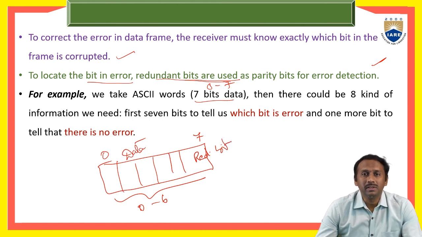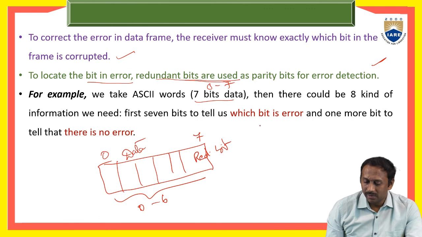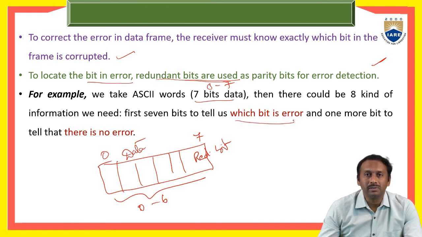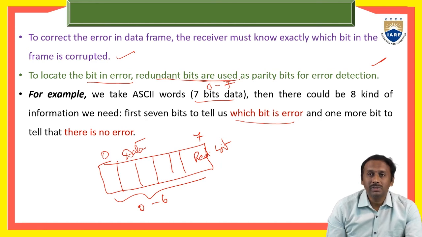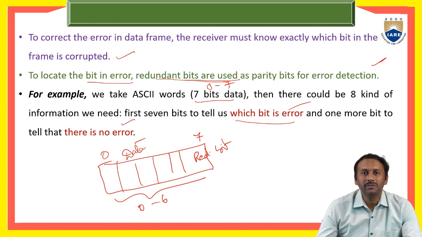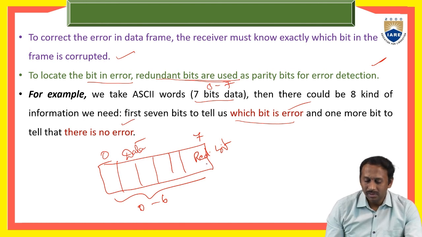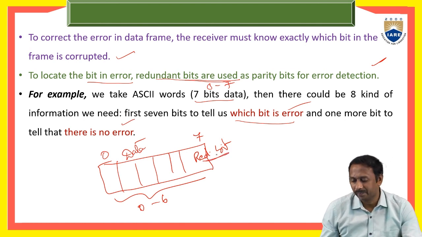Based on this, the receiver identifies whether the data frame is correct or not, which bit is in error, and whether the data frame has an error or no error. This can be identified by the receiver based on this redundant bit.